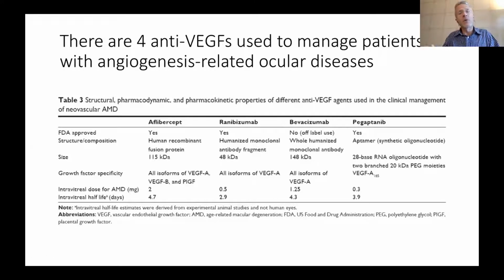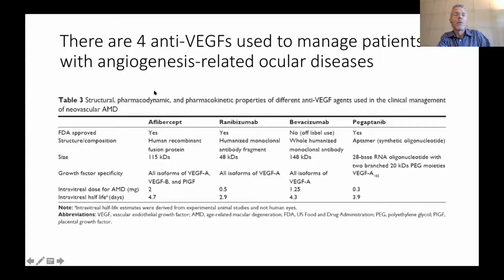Both VEGF receptor 1 and VEGF receptor 2 have been fused to make a high affinity trap, which can bind all forms of VEGF-A and also 2 other VEGF family members.